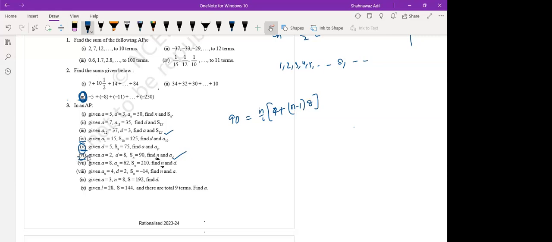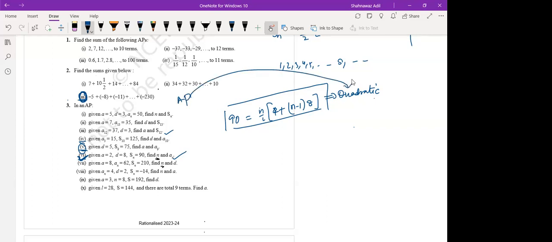Yeah, this question is a very good one because it uses the idea of a quadratic equation. You are studying the chapter AP, but you are taking the help of a quadratic equation. So this is a mixed question, right? So this one is very important.